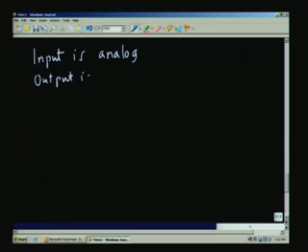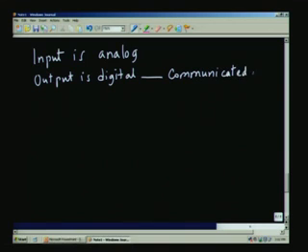So, the input signal is analog, the output is digital, and this is communicated to an external device.